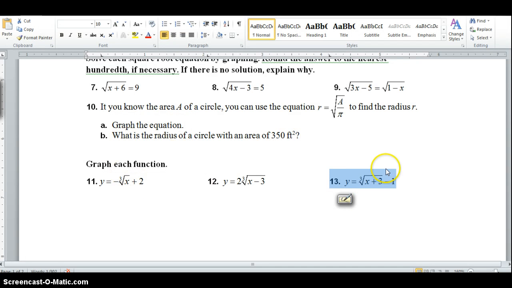So if they were asking you to graph this, is there no solution? Explain why. So for number 9, you would probably say no solution because both the graphs take off in opposite directions, or maybe a nice little sketch would be a better picture of why there is no solution.